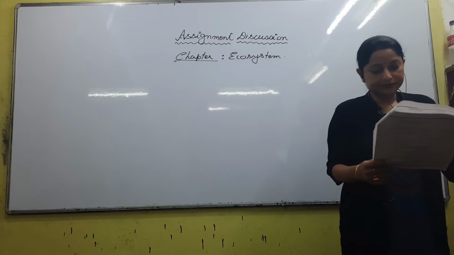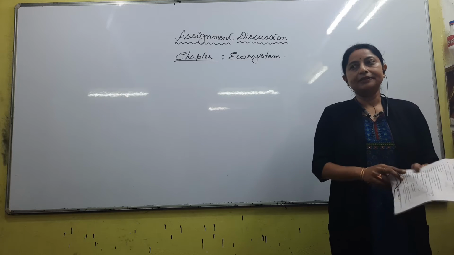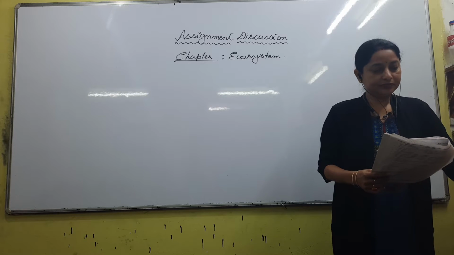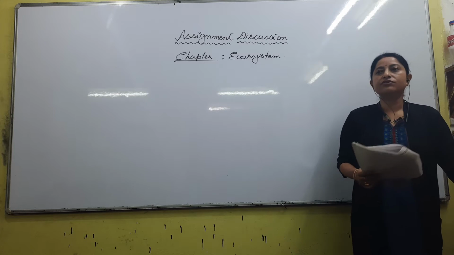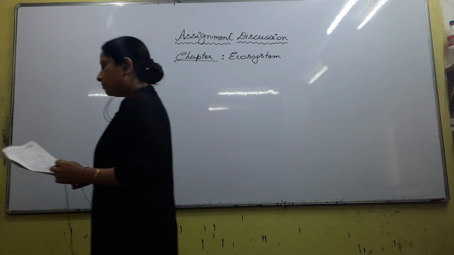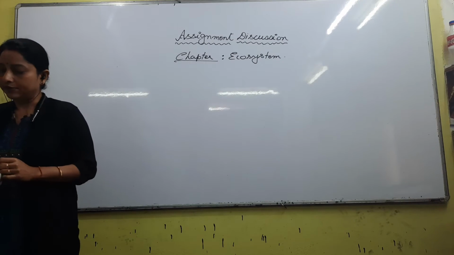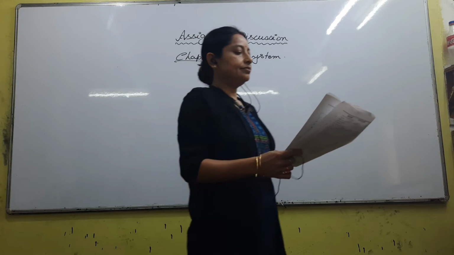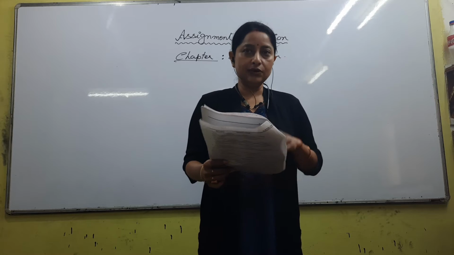Primary consumers, yeah. 15B. Number 16. Food chain refers to transfer of energy or food energy, it's B. Number 17. Food web. 18. It is always unidirectional, no?